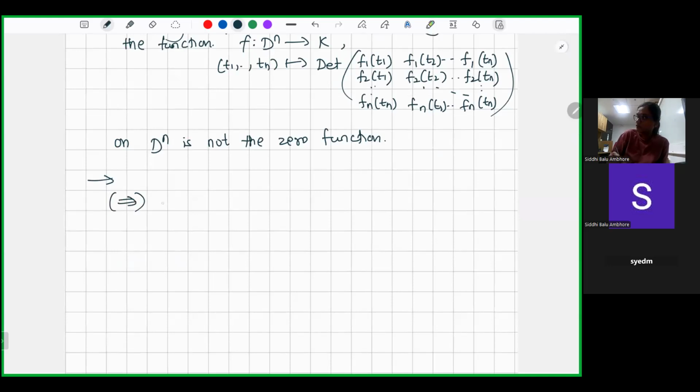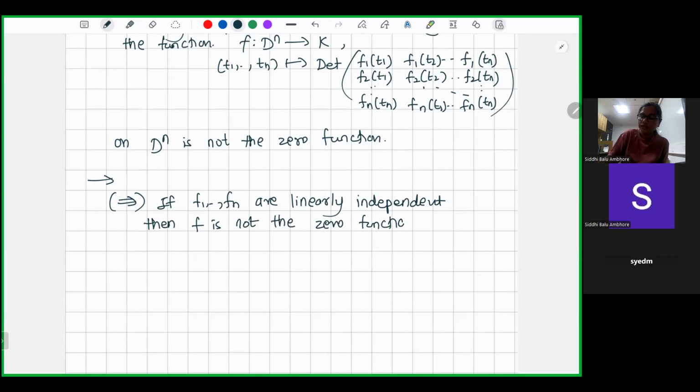First side: suppose f1 to fn are linearly independent, then f is not the zero function. It's not saying that f does not take 0 as a value. It is saying it's not the zero function.